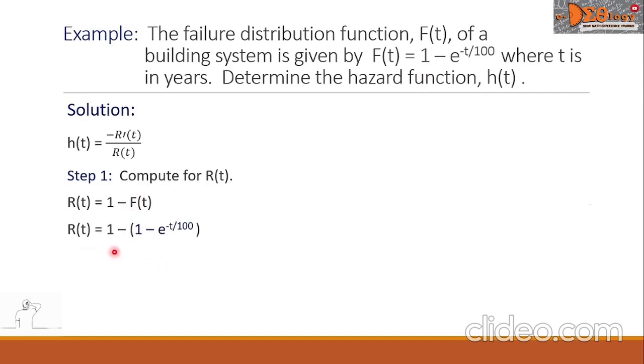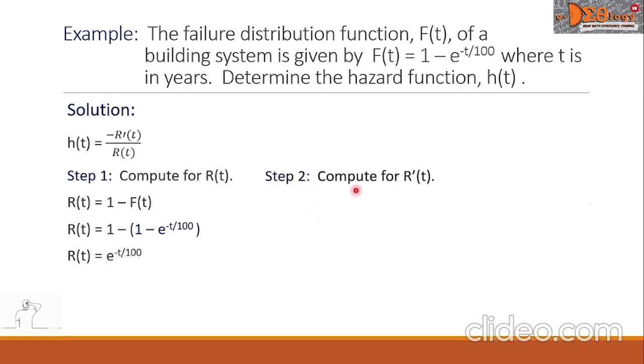Then let us simplify the right side. Let us remove the grouping symbol and change the sign of all the terms inside the grouping symbol. So it will be 1 minus 1 becomes 0, and this negative here becomes positive. Therefore, the r of t is equal to positive e raised to negative t over 100.